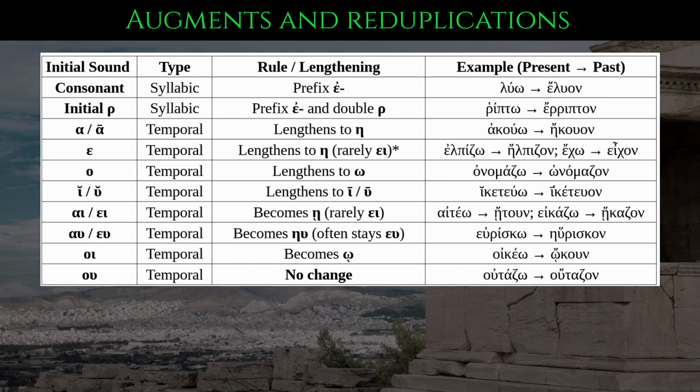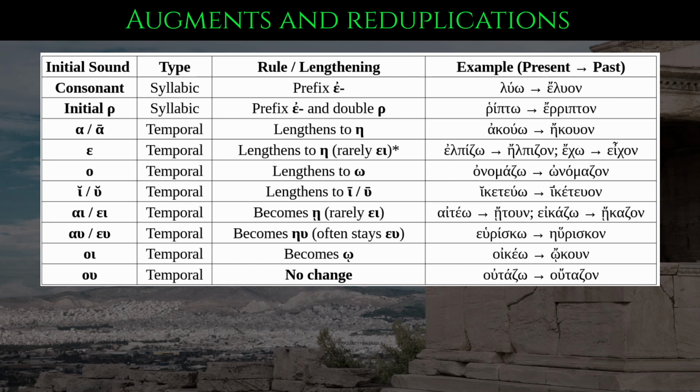And then we have the rule, or more specifically the lengthening for most of the initial sounds. And lastly, we have the example, here from present to past. So, starting with the consonant. If the initial sound of a verb stem is a consonant, except rho, we are simply adding the prefix e.